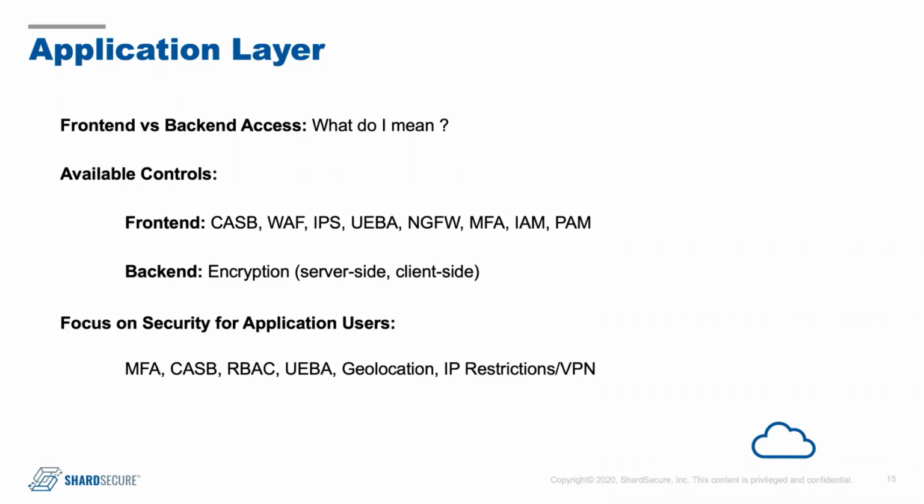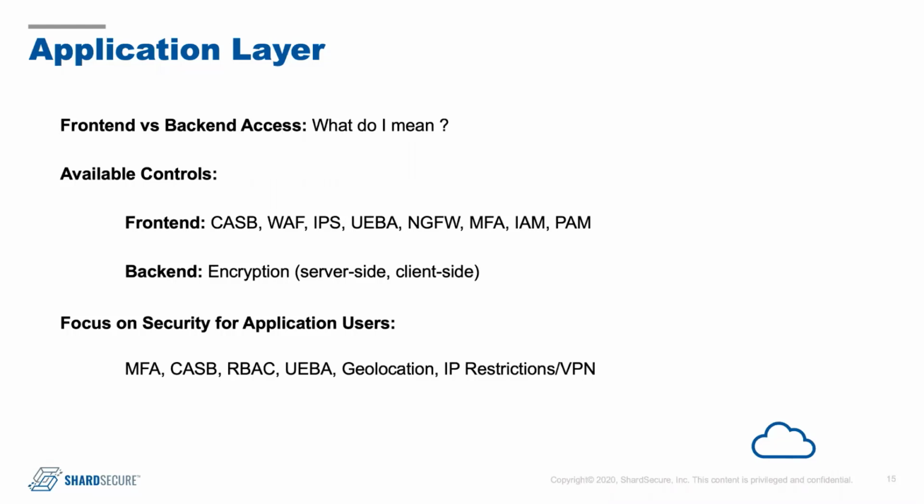But this reduction of the attack surface allows you to focus on the application and the users themselves. By closing out that backend access and really securing the data from backend access, any attacks are still going to continue coming at your front end, so you still need to keep those controls in place.